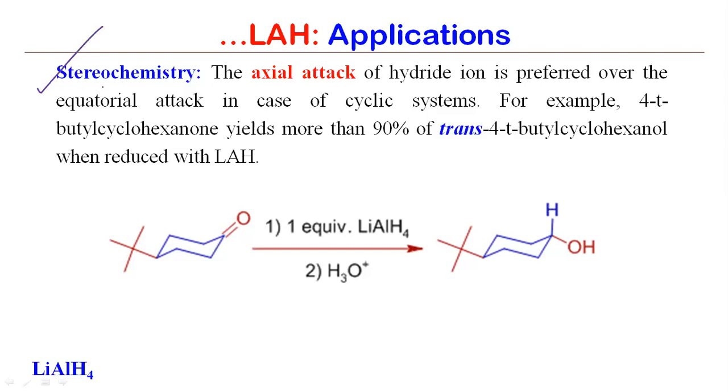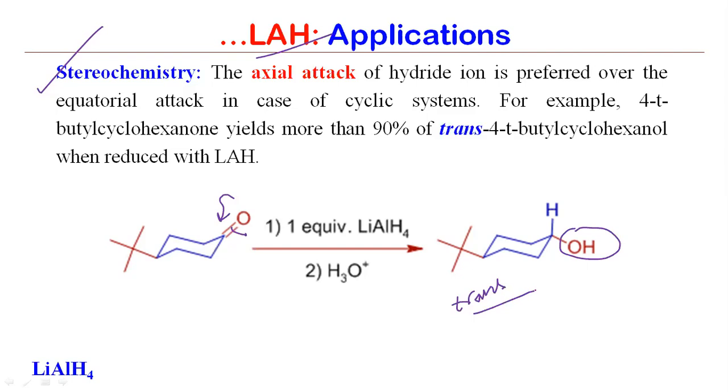But this is one of the important stereochemical aspects of LiAlH4: whenever we treat any cyclic carbonyl compound with LiAlH4, attack usually takes place from the axial position. Once it takes place from the axial position, the OH prefers the equatorial position, meaning OH exists in the equatorial position. And we know from the nomenclature that if it is 1,4-diequatorial, then it is trans.